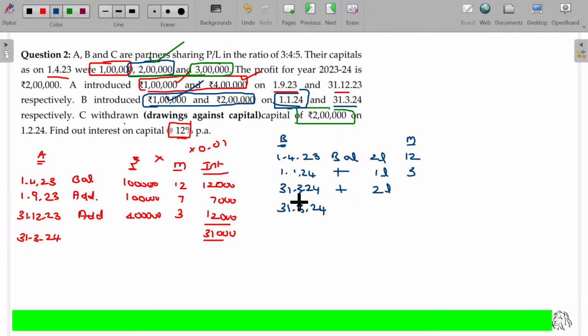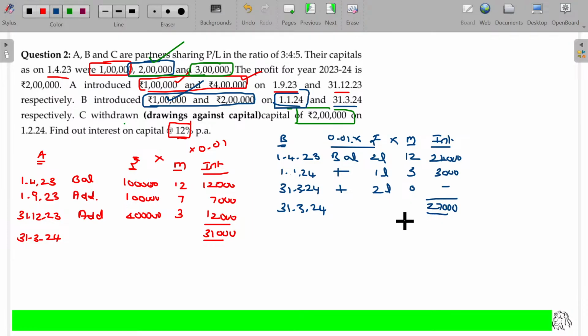And here 0 months. You can calculate interest also. Amount invested into months into rate of interest per month 0.01: 24,000 I think, and 3,000, and 0. So overall value being 27,000. Am I right?